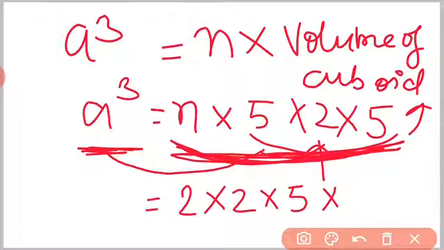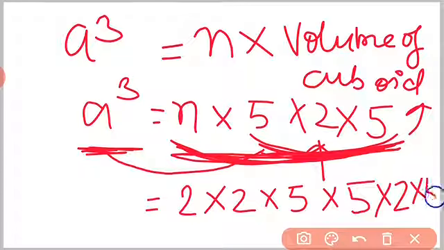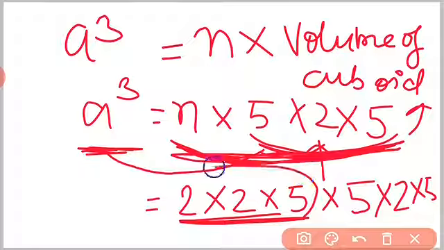So write this as it is. These three numbers we have multiplied on our own. So this can be considered as number of cuboids required. This is written in place of this n. 2 multiply 2 multiply 5 is written in place of n, and this represents number of cuboids required, and we multiplied it to get a perfect cube.